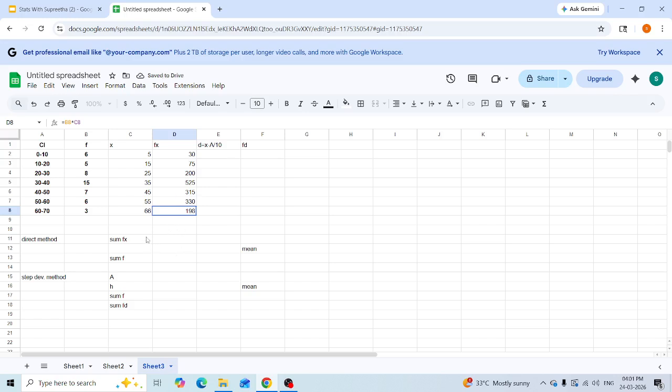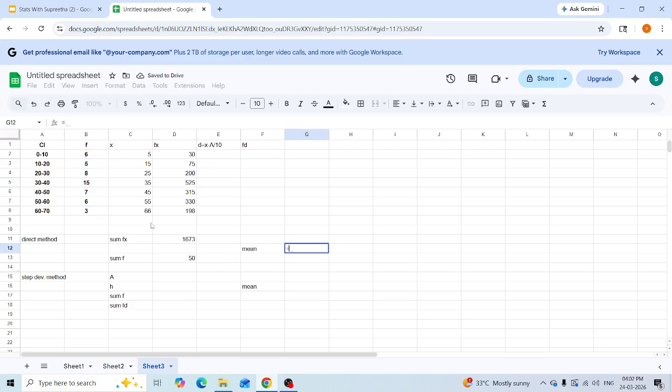So now let's calculate sum of fx. What is sum of f? Sum of f is 50.